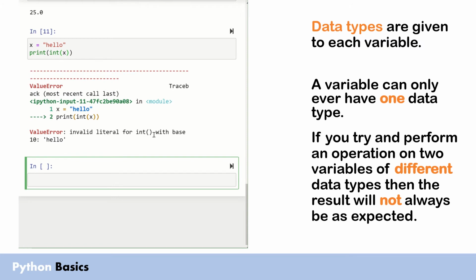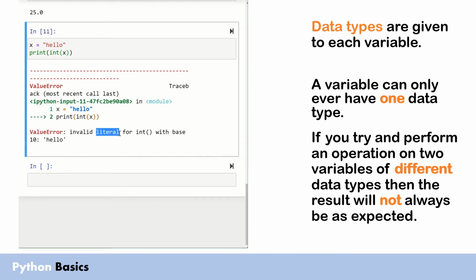It says invalid literal for int with base 10 hello. Now, this error message is a bit hard to decipher, but essentially a literal is just a value that I've typed in, i.e. hello. Int, we already know, is integer, and this is the cast. So I'm casting it. With base 10 is our normal numbering system. So remember, binary is base 2, denary or normal numbers are base 10.